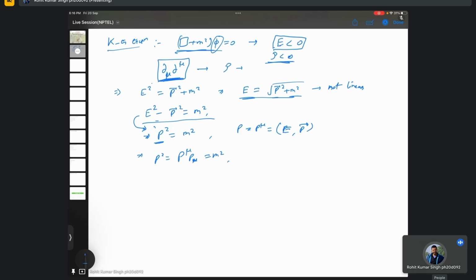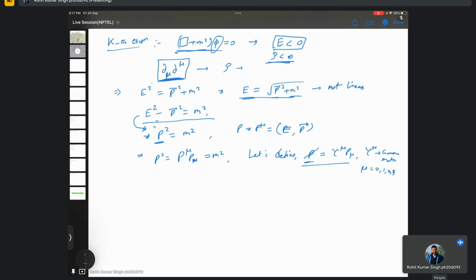Now let's define P slash, which is gamma mu P mu. Now these gamma mu are called gamma matrices, and mu is the 4 vector index going from 0 to 3 as usual. Now why have we defined a new quantity called P slash like this?